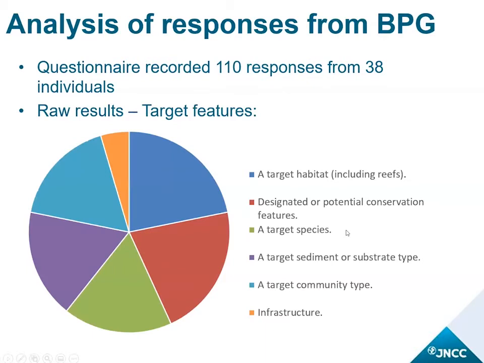Next up, looking at what sort of things do people target? Well, habitats occupy a good portion of that. Conservation features occupy a good portion, and specific species. Those were probably the most common groups. There's also, I suppose it's almost equal there for sediments and communities.